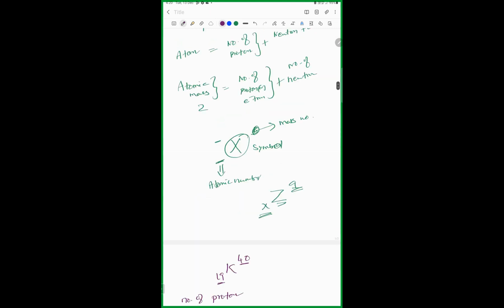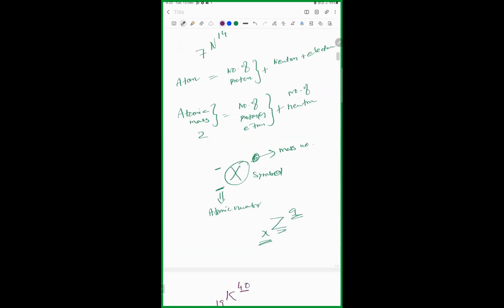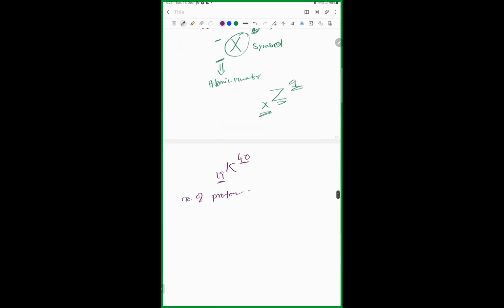The number of neutrons is 21, the number of protons is 19. Atomic number is equal to the number of protons, so 19 protons, 19 electrons, and neutrons 40 minus 19, 21.